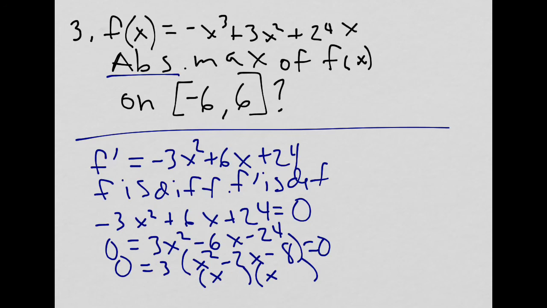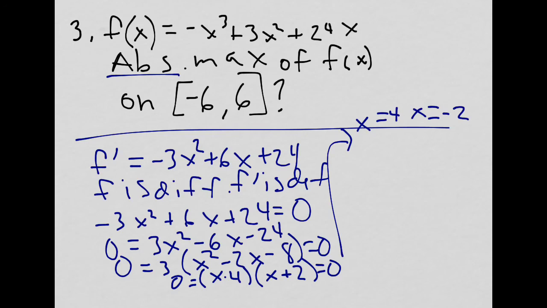Okay, so x times x is x squared, and 4 times 2 is 8. If it's a negative 4 and a positive 2, that will combine my outer and inner terms to be a negative 2x. So x equals 4 and x equals negative 2 are possible relative mins or maxes.